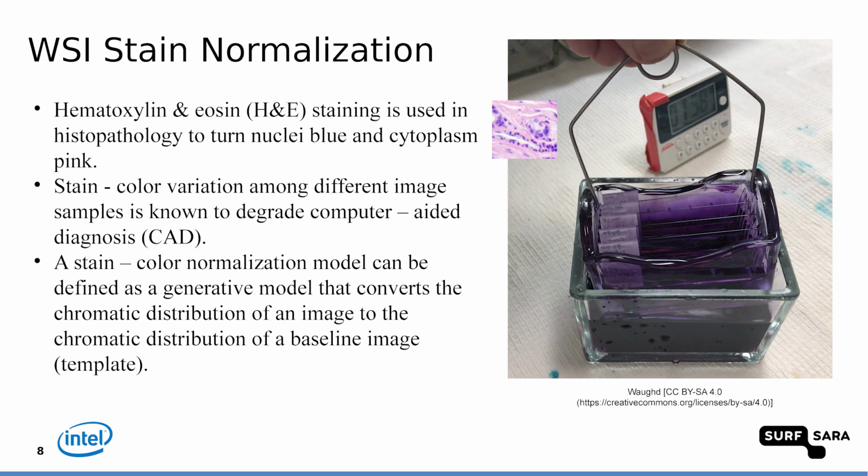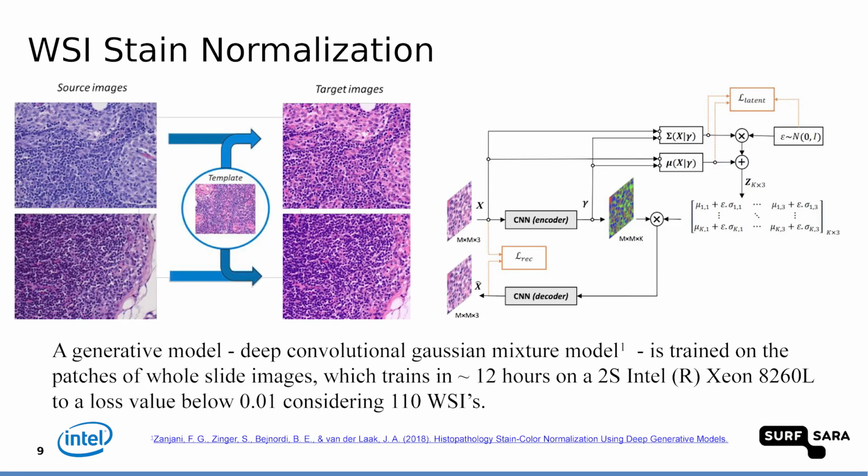So in order to make the learning problem easier, our collaborators from Nijmegen also did something called stain normalization. So it's another network that is part of all this chain. And how they did it is like a generative model, basically, that converts the chromatic distribution of an image to the chromatic distribution of the baseline, of the average image. It's better visualized here.